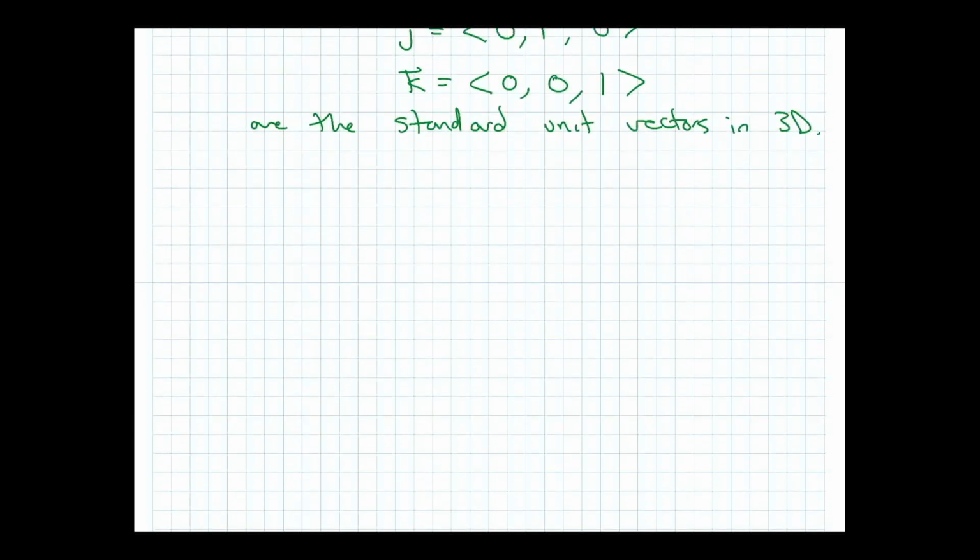What do they look like? Well, I mean, it's pretty easy to understand that. If you look at a set of axes like this, you got z here, x, y, right? And then your standard unit vectors are simply like this one pointing straight up. That's pointing in the direction of z.